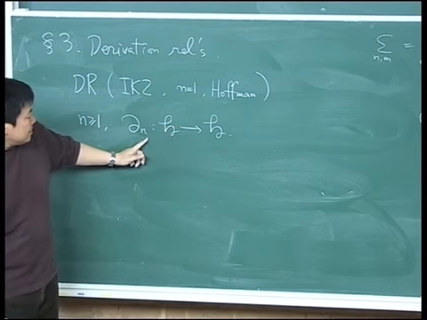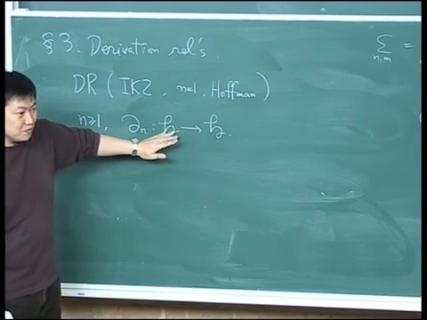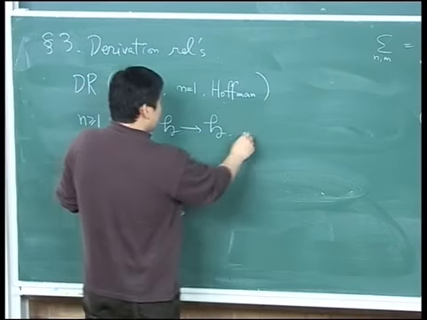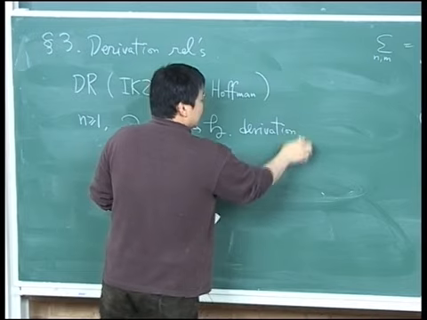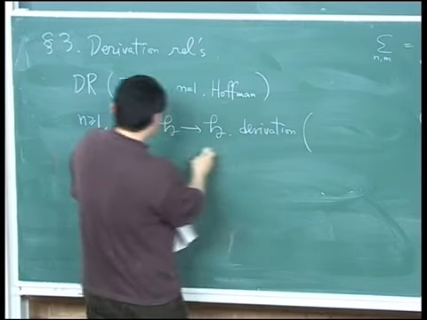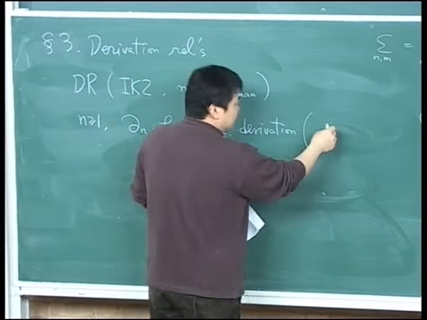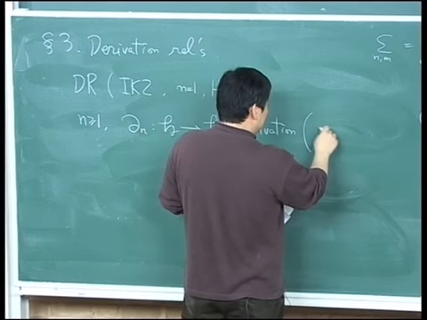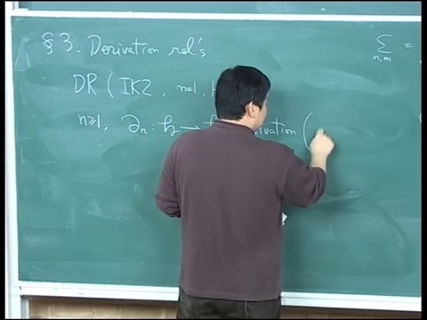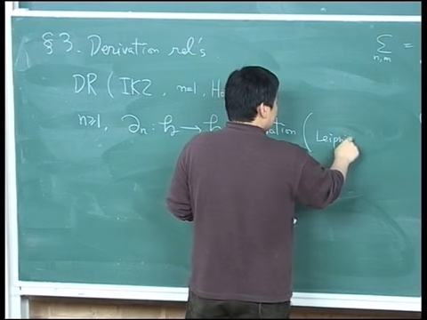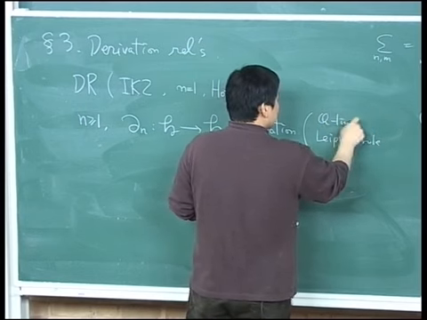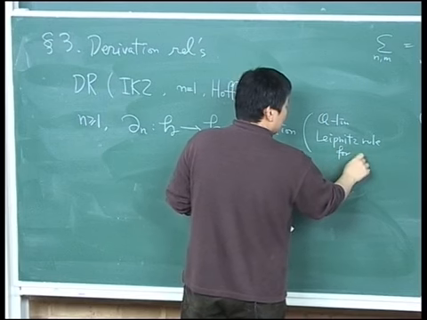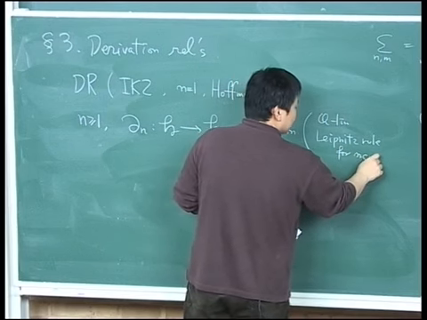So this derivation means derivation for concatenation product. This means the Q-linear map satisfying Leibniz rules with respect to concatenation product. Non-commutative product.